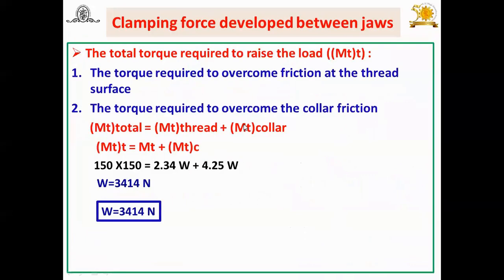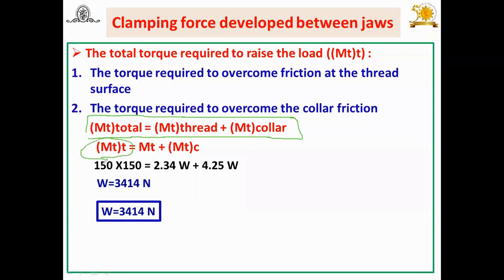On the next slide, I have mentioned the same thing. MT total is equal to MT thread plus MT collar. MT thread means torque required to overcome the thread friction, and MTC means torque required to overcome the collar friction.